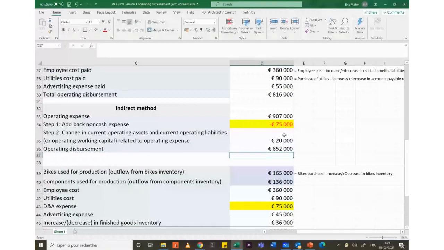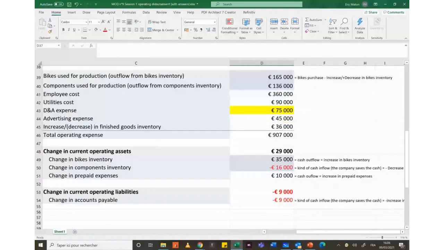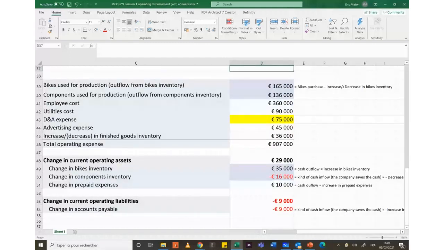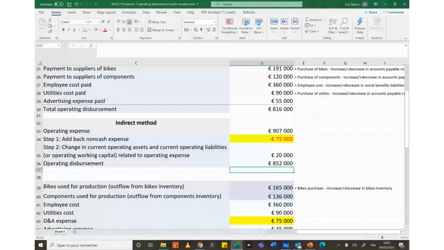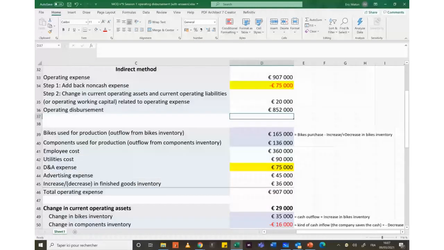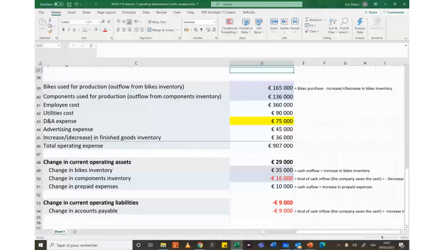Oh, and it's false. What is the problem? The accounts payable, I increase the accounts payable 28, and now I have 37. Yes, I increase. So the increase should be negative. And for the components inventory, I decrease is negative. It's okay.